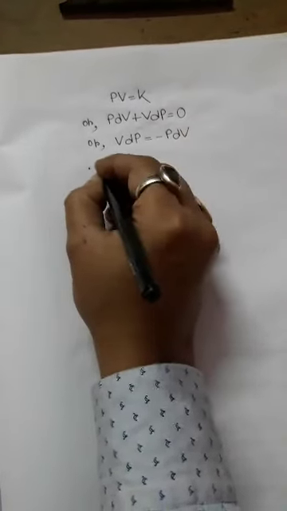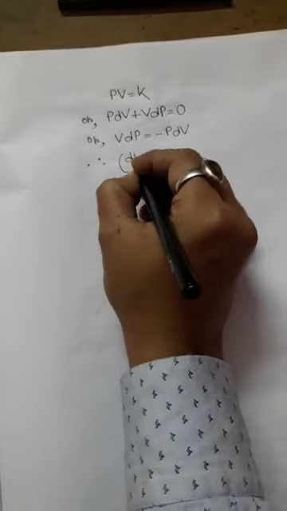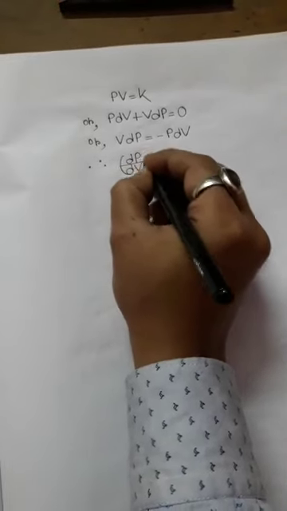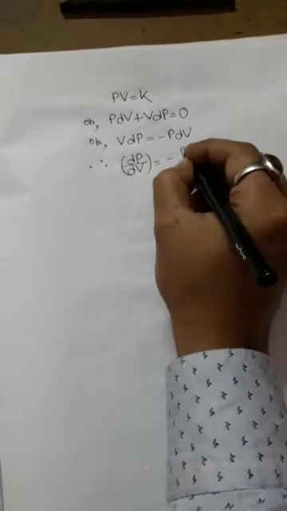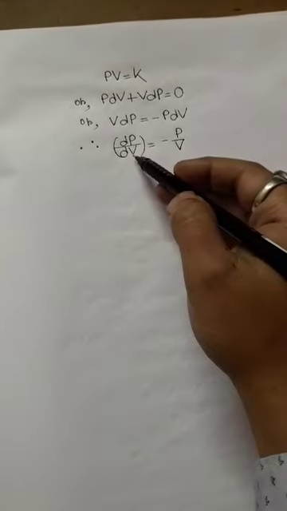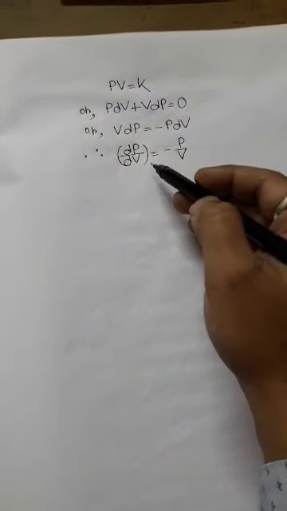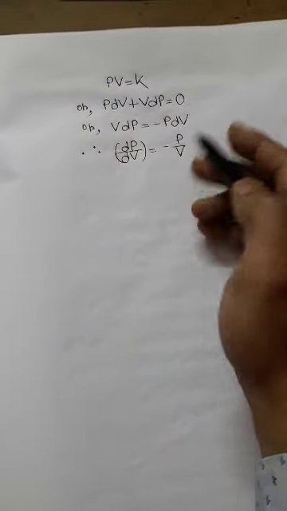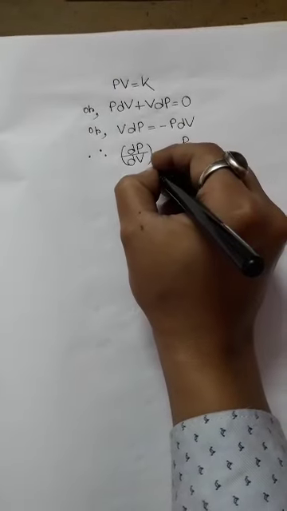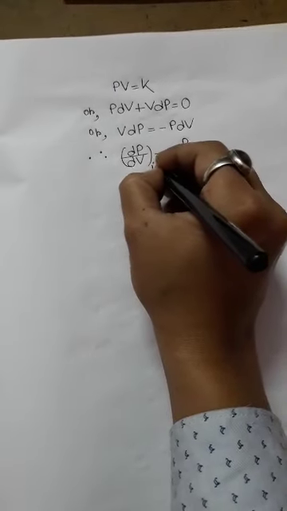So dP/dV is equal to minus P by V. Now if we see the indicator diagram, dP/dV is nothing but the slope of the curve. Since this is an isothermal process, here we simply write iso.